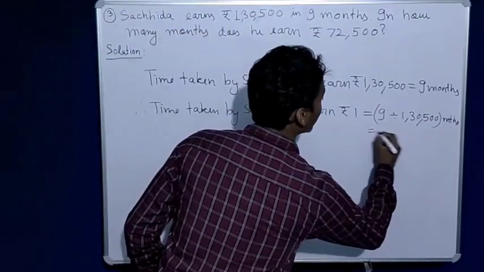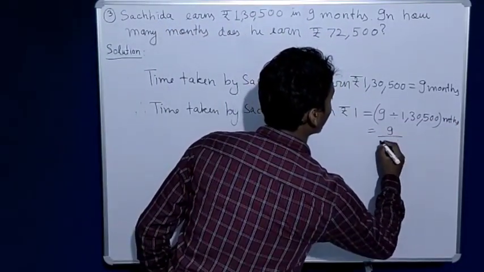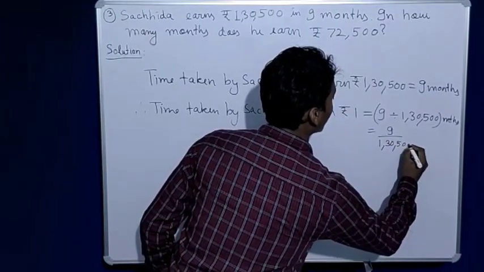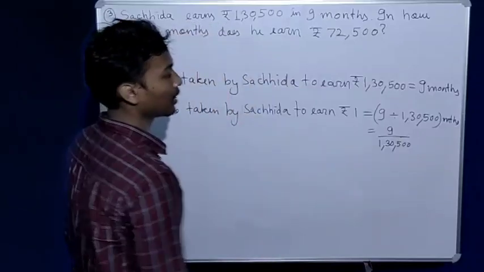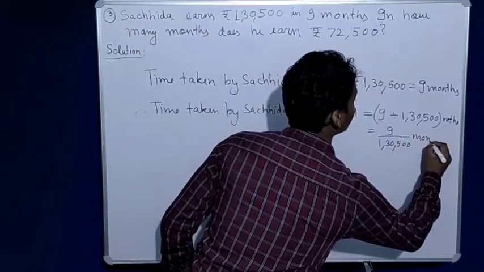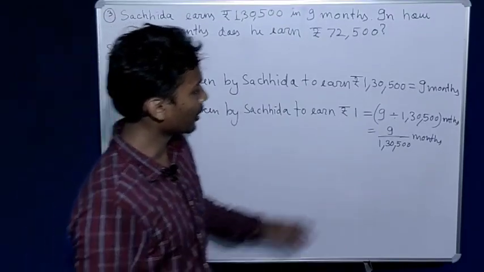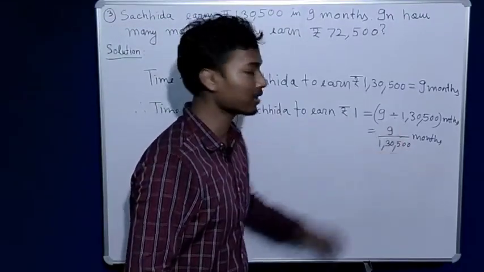So we can represent it as a fraction as well. So 9 by 1,30,500 months. This also means division. Now let's not simplify it, let's leave it like this.